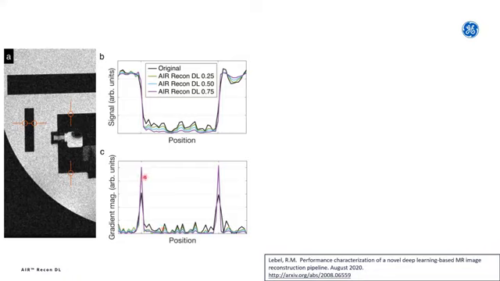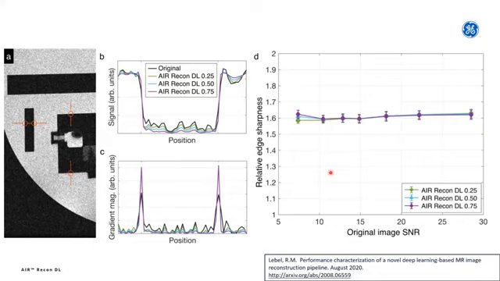They basically represent the ability to resolve the edge structures. And this pink line, the fact that it's the highest, basically indicates that AIR Recon DL is doing a lot better than the conventional image at resolving the edge of that phantom. A nice thing, and it's worth making sure you understand, is that this resolving capability is independent of the SNR performance.